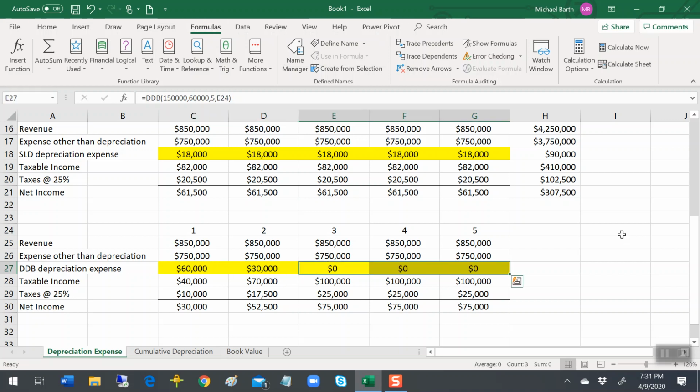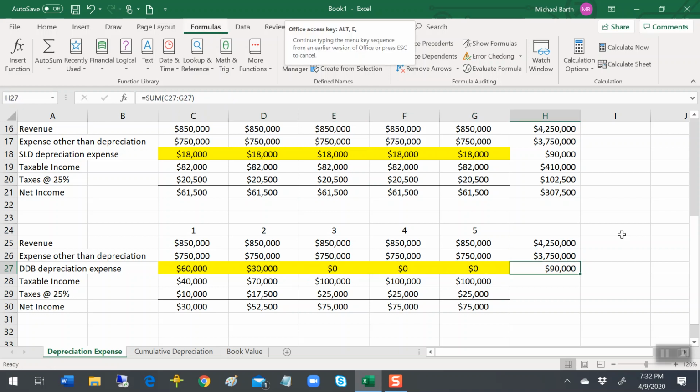So the depreciation expense would be 0 in each of the other years. I still have $4.25 million. I still have $3.75 million of other expenses. I still have $90,000 of depreciation, but instead of being spread out $18,000 a year, it's $60,000 this year, $30,000 this year, and zeros otherwise.